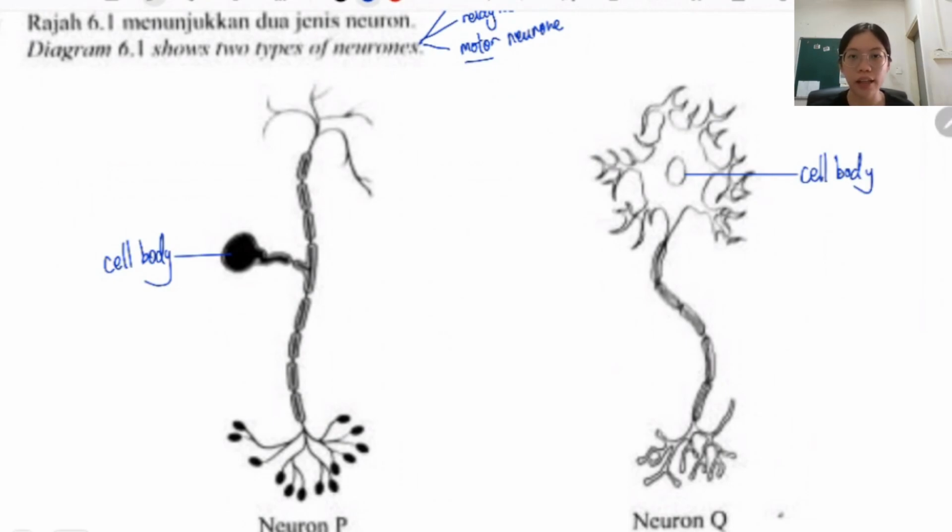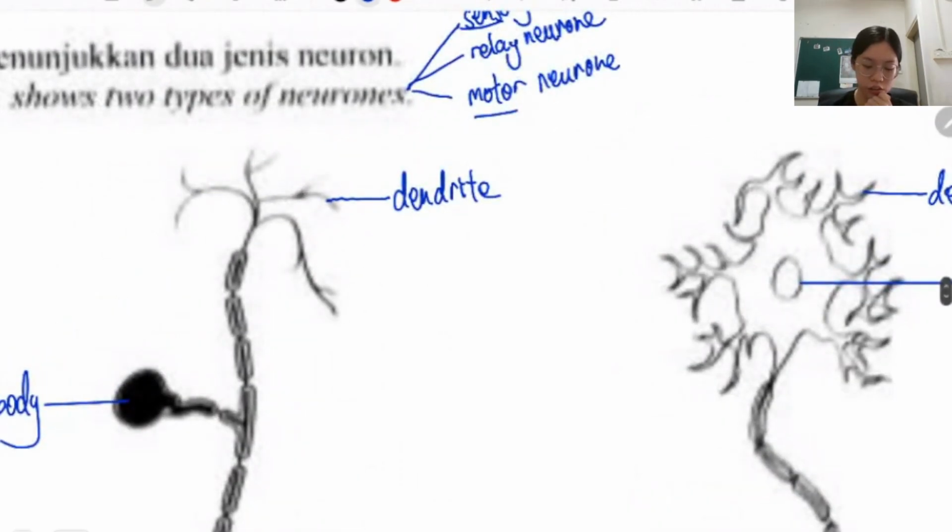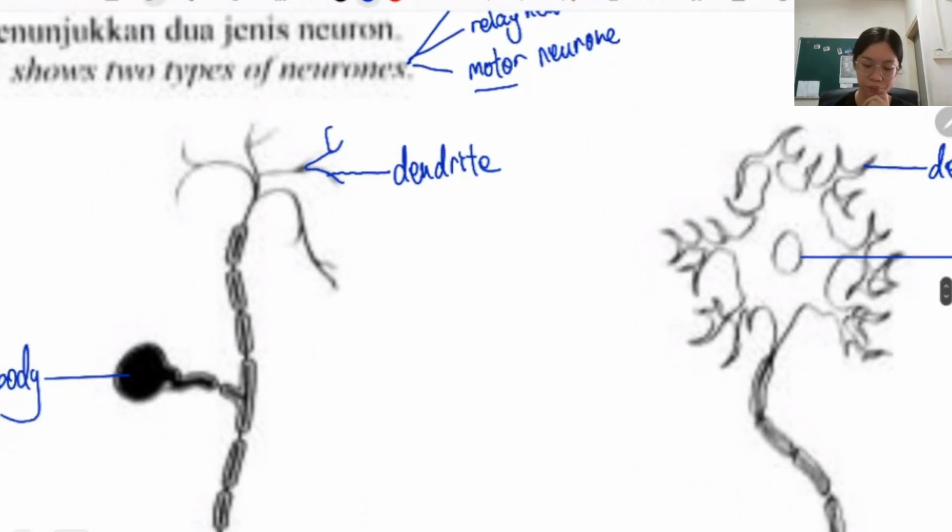Other than that, this is the dendrite, and for this one is also the dendrite, like a root-like line.